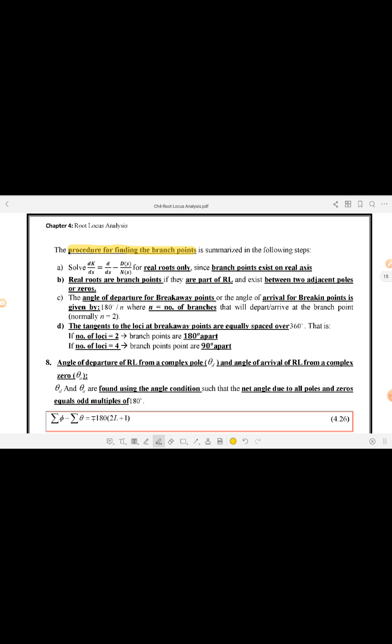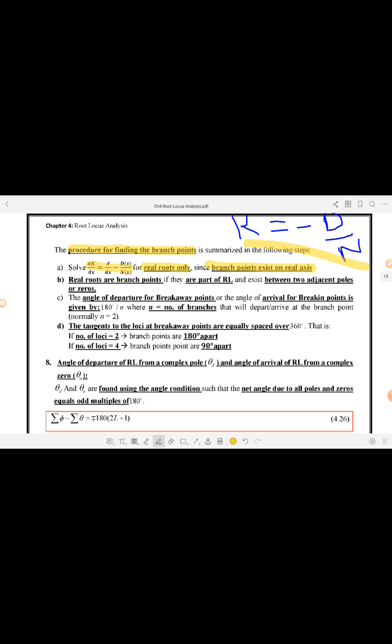We have covered previously that K is equal to minus D over N. Based on that, the first step of the solution process is to differentiate this equation, finding dK over ds, and we should solve it only for real roots because branch points only exist on the real axis.